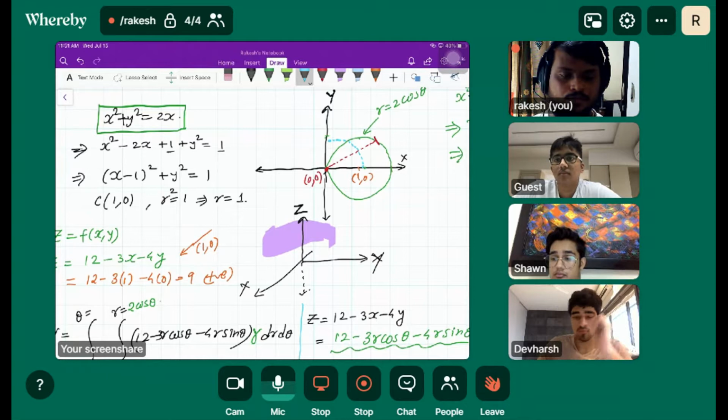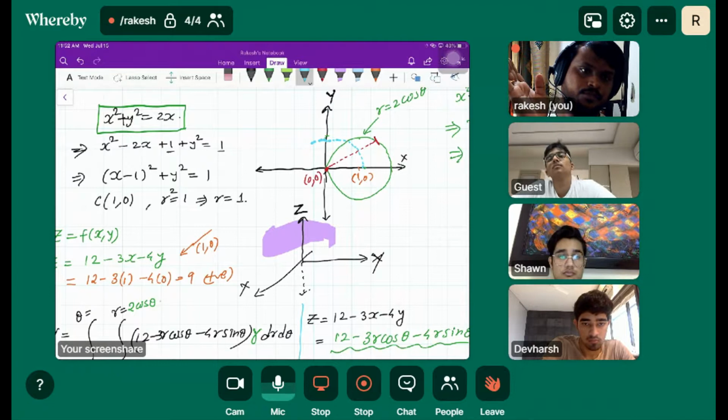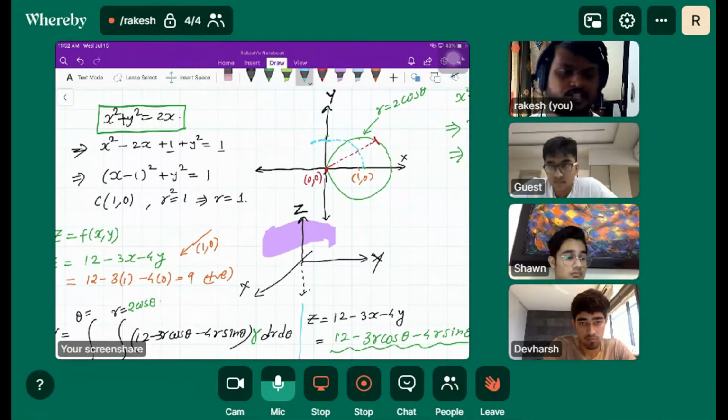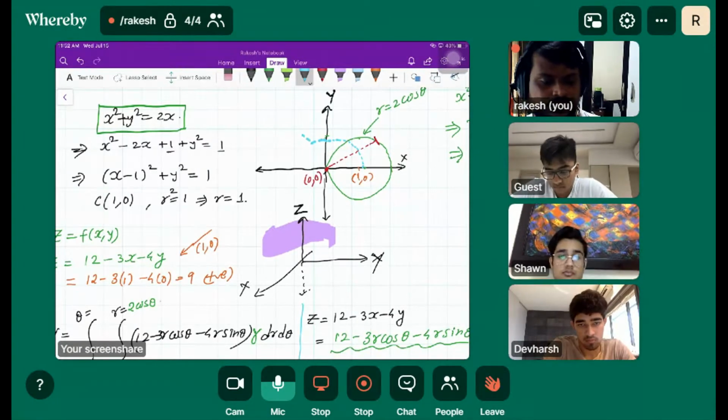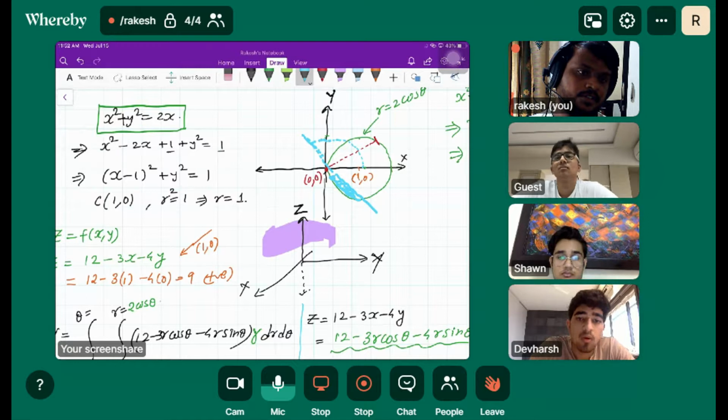If you go away from pi by 2, this is not the region. If you draw the line here, you are tracing the negative part of the region. So it will cancel out the integral.